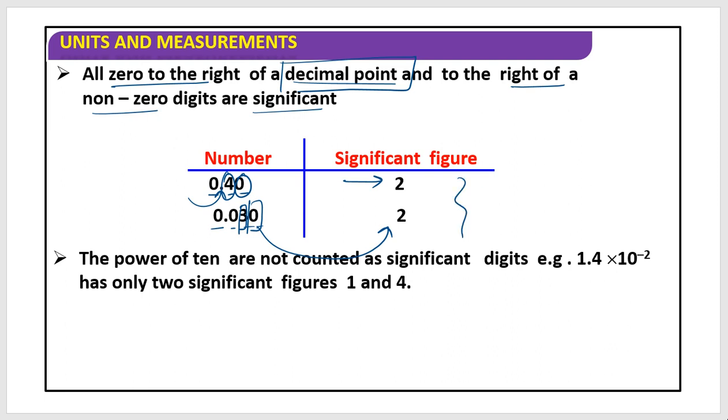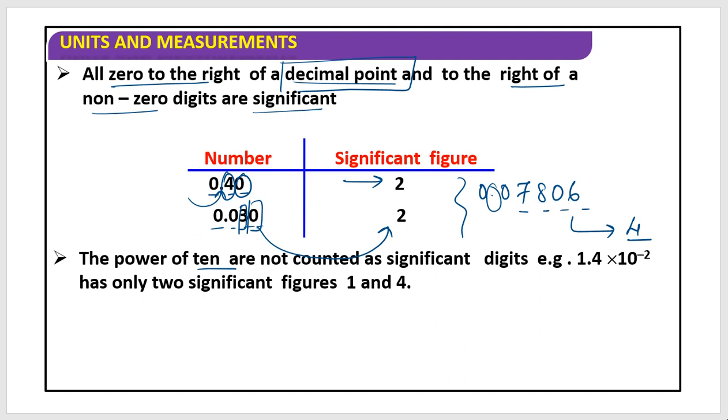If we are given 0.07806, this has a decimal point, so all these four digits, 7, 8, 0, 6, should be considered significant. What we can conclude is that powers of 10 are not counted as significant digits.